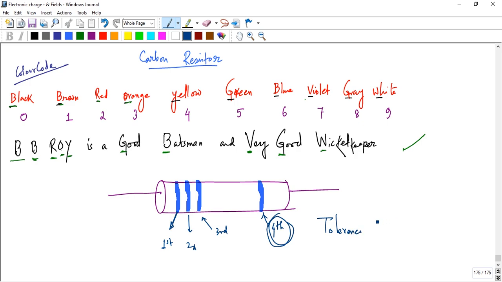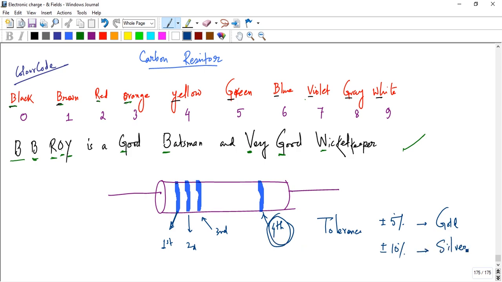For the fourth band there are two colors, either gold or silver. If gold, it is plus minus 5% tolerance; that is a gold color, not actually gold. If the tolerance color is silver, it is plus minus 10%.